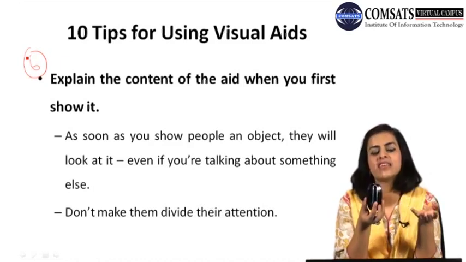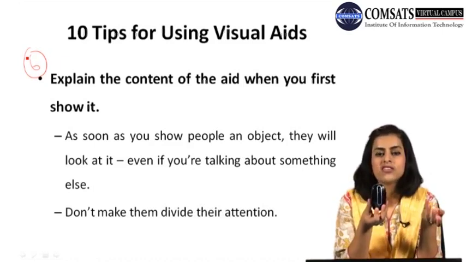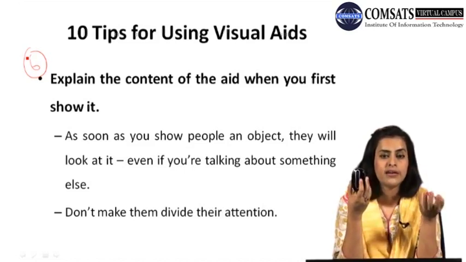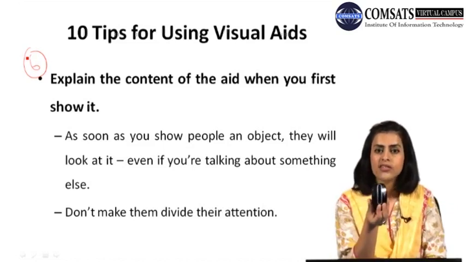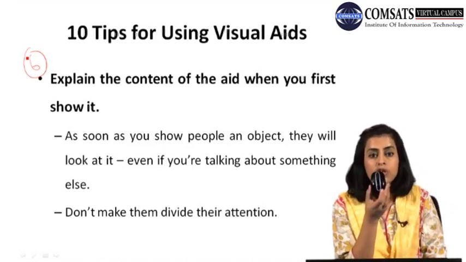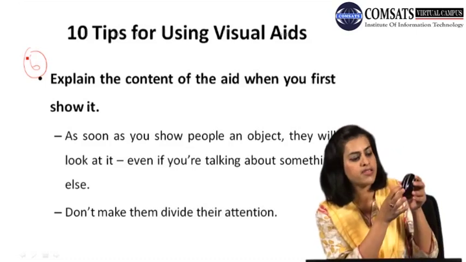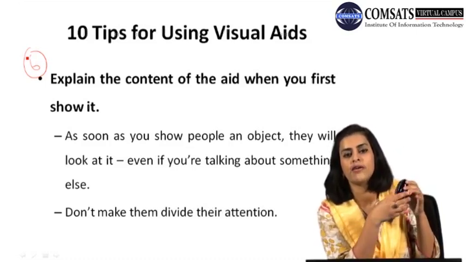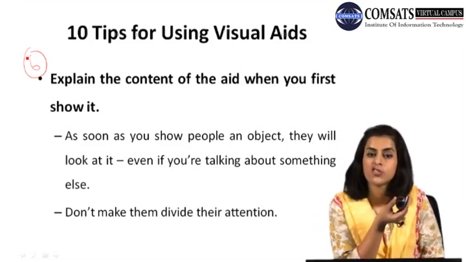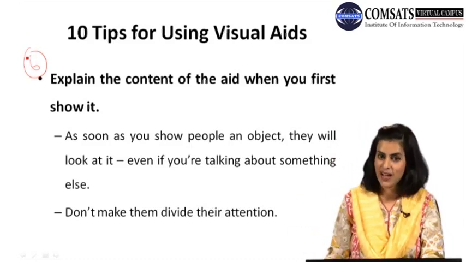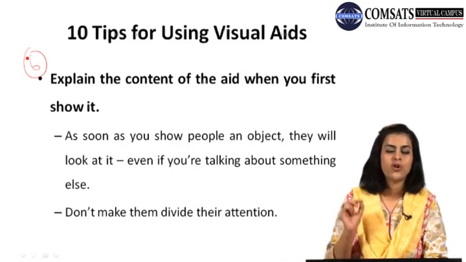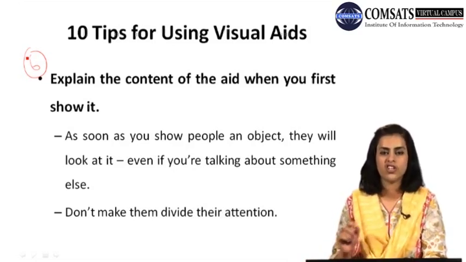So this is how you are basically going to talk about the product that you are going to show to your audience. As soon as I show you, you would start looking for the button that you are going to click on. Now this is the button that you are going to click on to search for the lost mobile phone that has been snatched by any kind of thief. Don't make them divide their attention. So do not make your audience divide their attention.